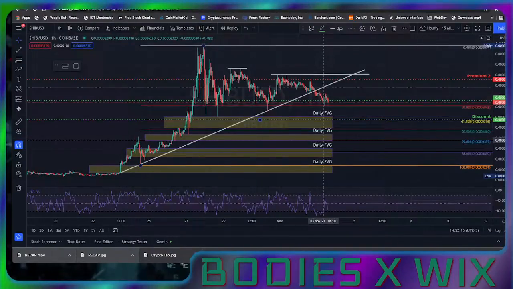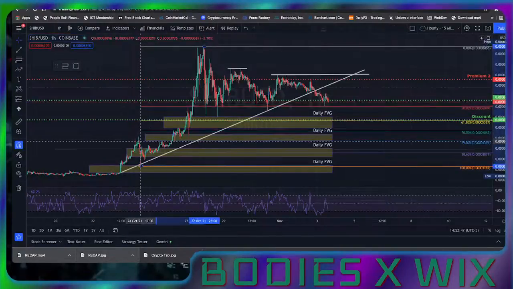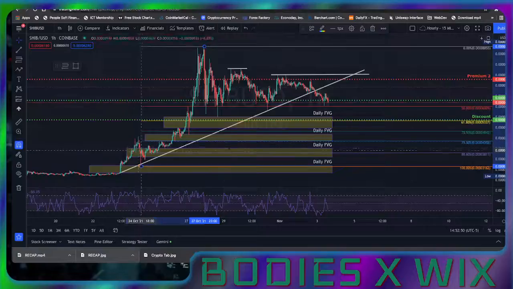Right? That just seems like it would be the most appropriate, the bottom of the second daily fair value gap. Why? It just seems like there is, boom, you have this, then you have this, so you kind of have almost like a support level that's already been formed, and then on the way down you have a bearish candle that's going down through here, so that could be your bearish order block.